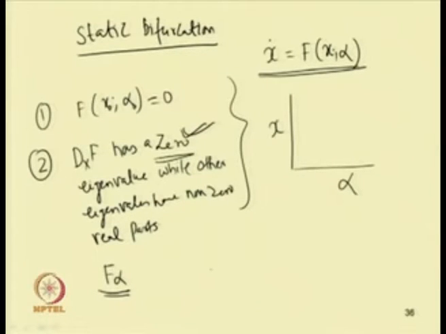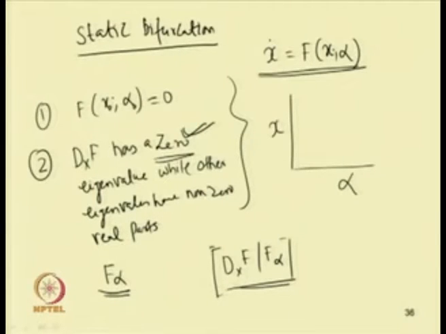Then let us construct a matrix with dxf and f alpha, and at the saddle node bifurcation point one can show the condition. Let us take an example, then it will be clear.